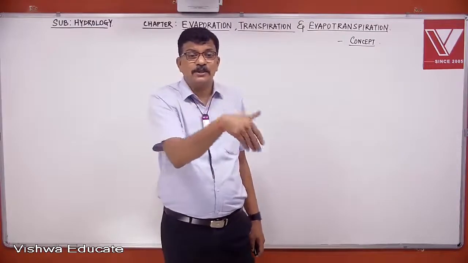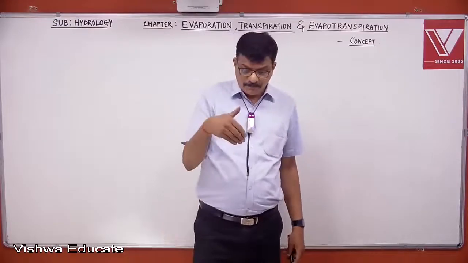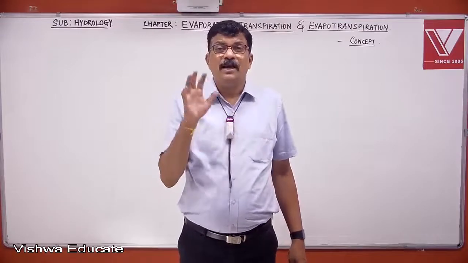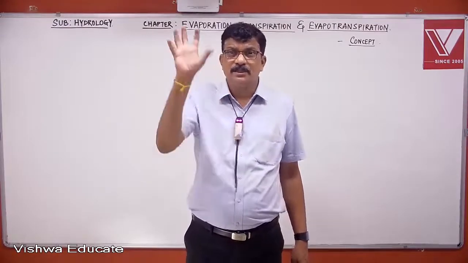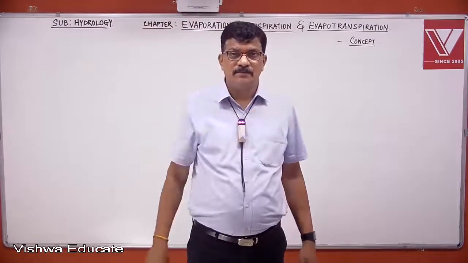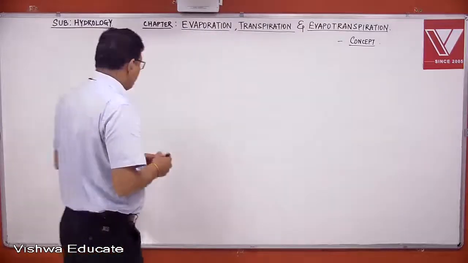Or it may also join the groundwater table. So after all these deductions, which we call abstractions, this rainfall is converted into storage. Okay, the various abstractions. Now let us write down.